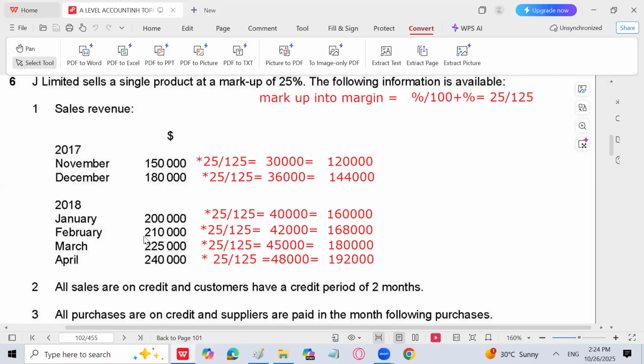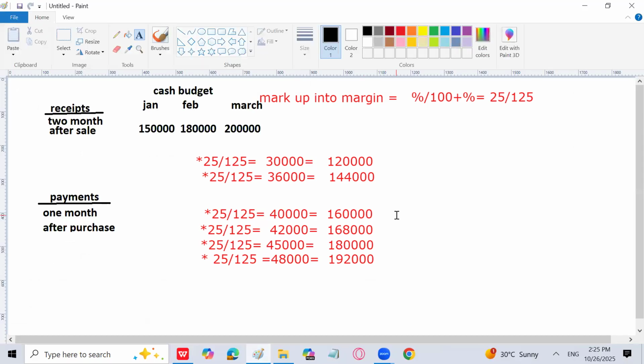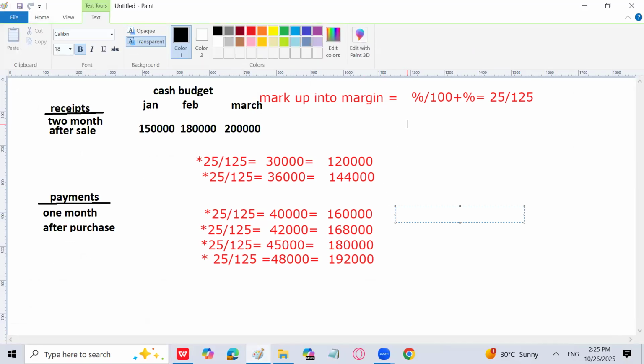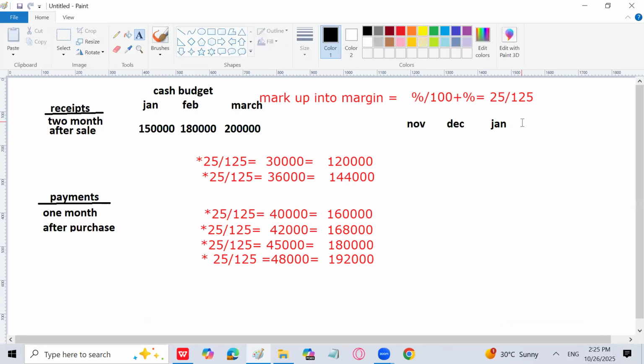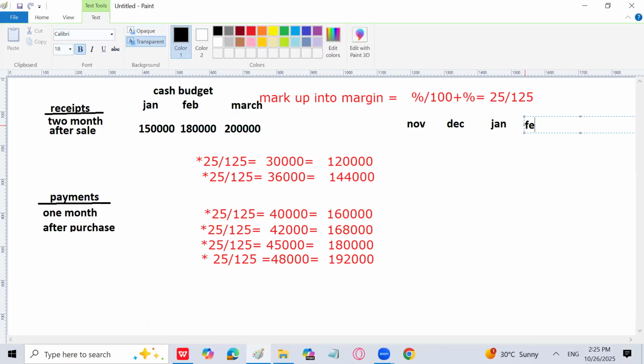Following purchase, जिस महीने खरीदते हैं उससे अगले महीने पे करते हैं. So I need to find the purchases for December, January, and February to be paid in January, February, and March. But I will start from November because I don't want to get myself confused. So I will start from the whole way for January and then for February and even for March also.